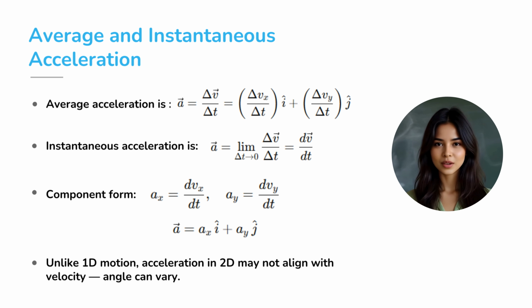In components, we write a sub x equals dv sub x divided by dt, a sub y equals dv sub y divided by dt. And the vector form is a equals a sub x times i hat plus a sub y times j hat. Unlike motion in one dimension, acceleration in 2D doesn't always point in the same direction as velocity. The angle between them can vary depending on how the object moves.